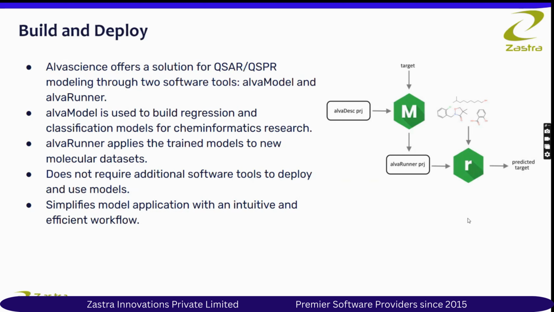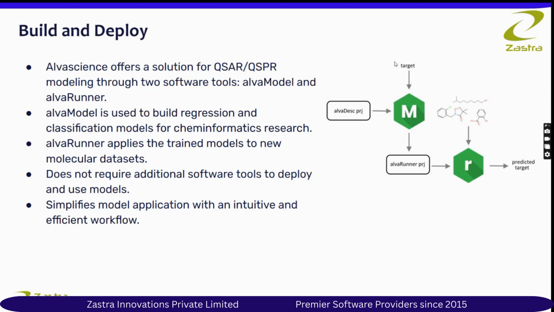Yeah, if you can just repeat it again. Yeah, sure. So we have Alva Desk. In Alva Desk, we have generated the descriptors. So we have descriptors for all the structures which we have standardized. Now we need the target values also. Those target values can be any biological assay values.